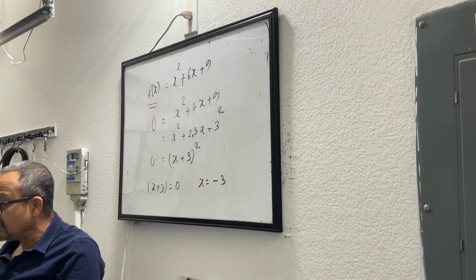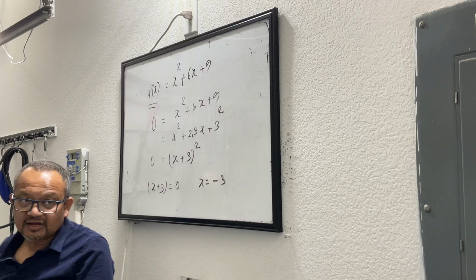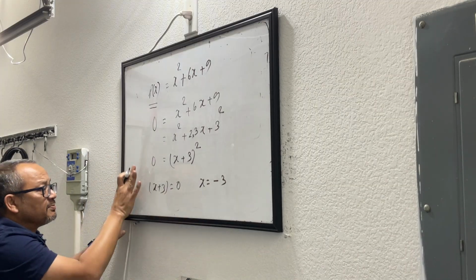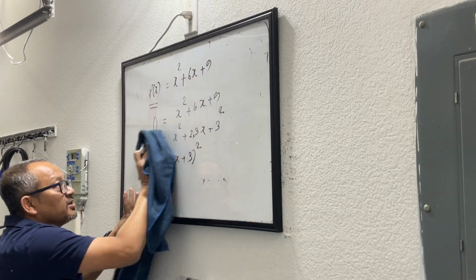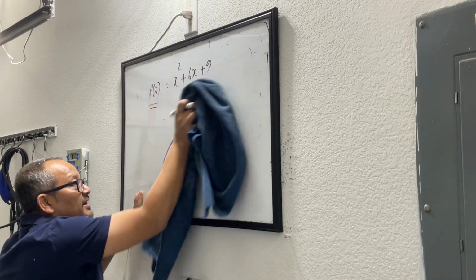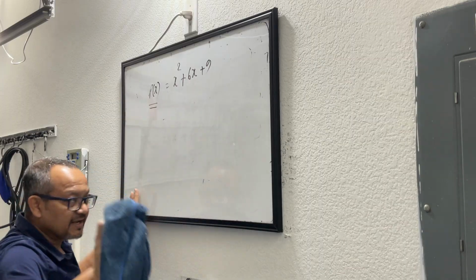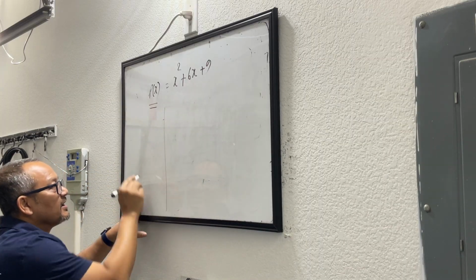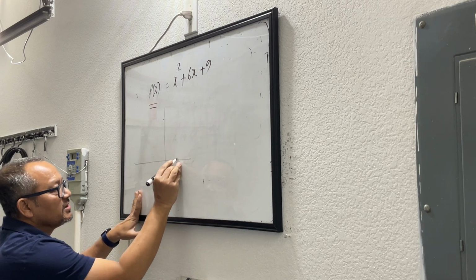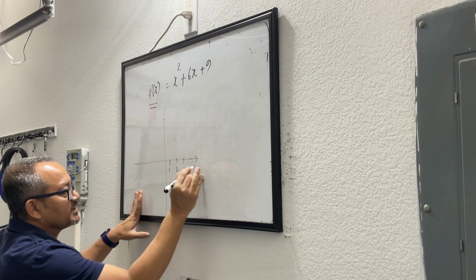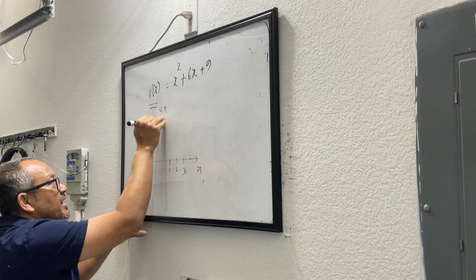Now what does it mean to us graphically? It means that x equal to minus 3, just remember this number, okay? So this says that what will be the situation, okay? This is 1, this is 2, this is 3, this is my x-axis, this is my y-axis.